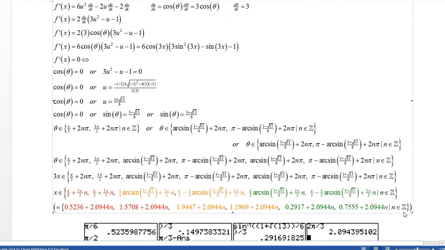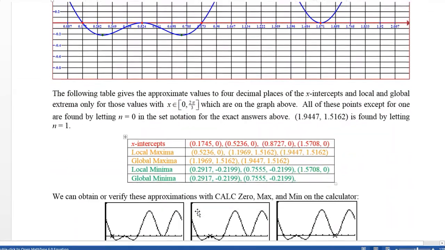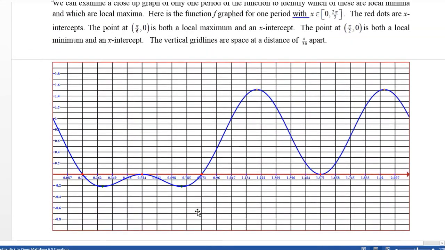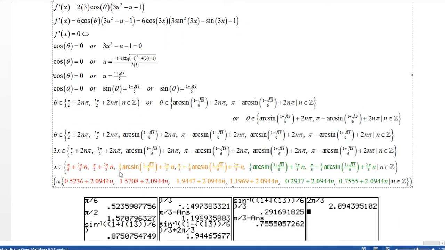Okay, and here you can see some decimal approximations for those. On these decimal approximations, I used n equals 0 on all of these except for one, because any of these that you plug in 0 for give you something between 0 and 2 pi over 3, except for one of them gave me something negative. And I can't remember which one it is. I think it's this, the 1.9447. Yeah, this first orange one.